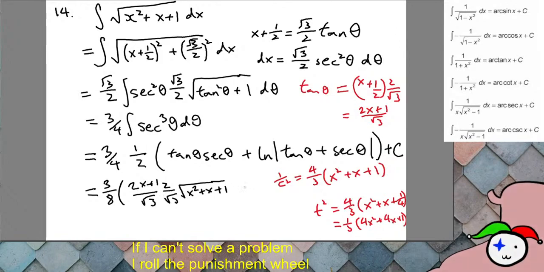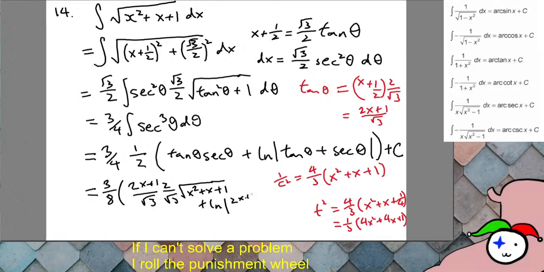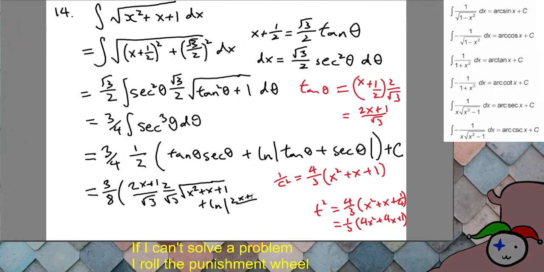Which I guess, yeah, we can simplify that out. Plus the natural log of 2x plus 1 over root 3 plus 2 over root 3 square root of x squared plus x plus 1 plus c.